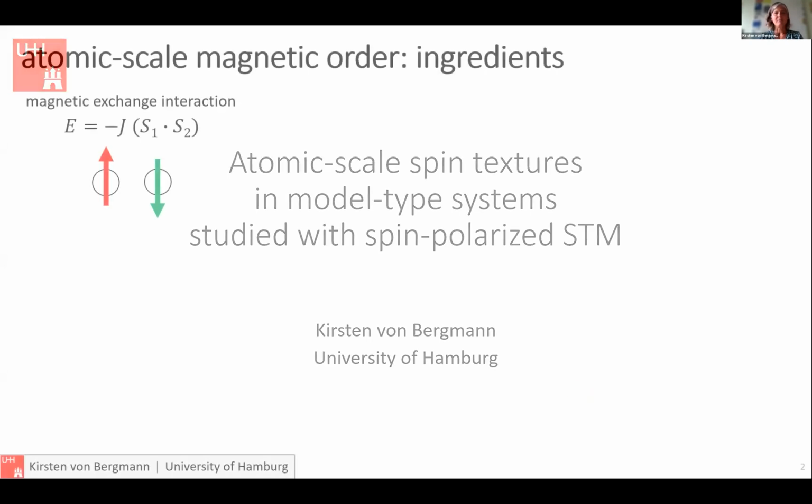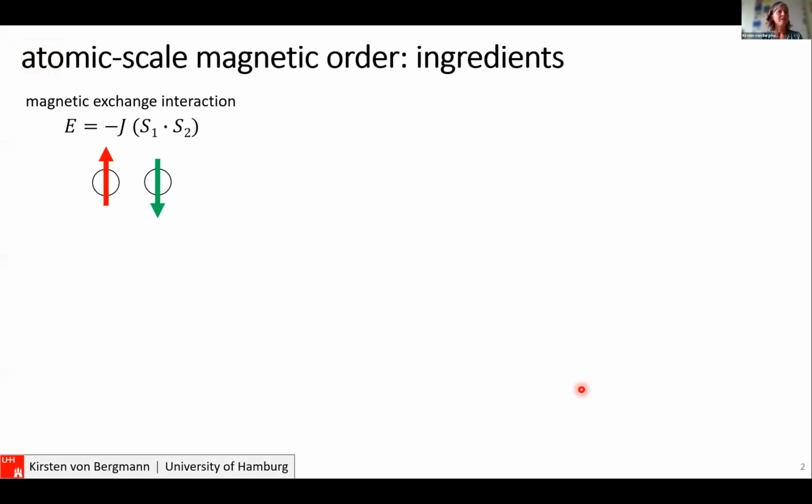So first, I would like to introduce what are the ingredients to actually get atomic scale magnetic structures. Obviously, usually we have this magnetic exchange interaction, and to get atomic scale magnetic states, it is sometimes favorable to have an antiferromagnetic interaction.